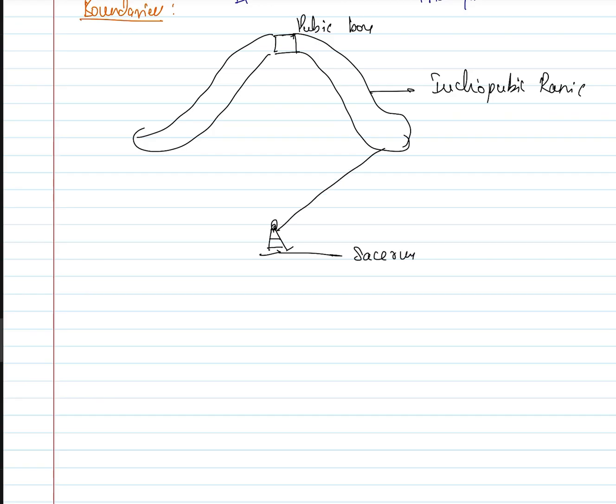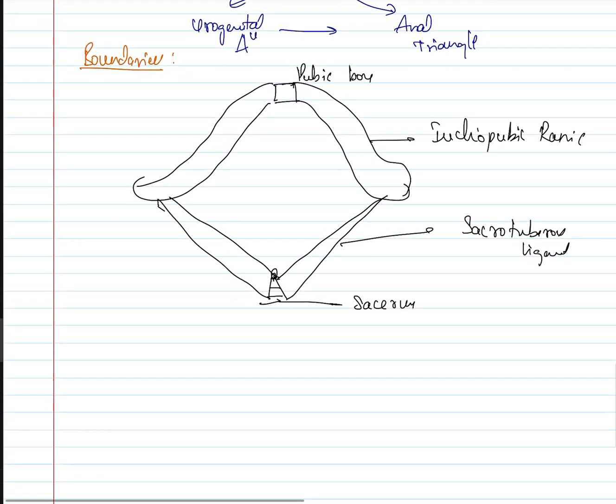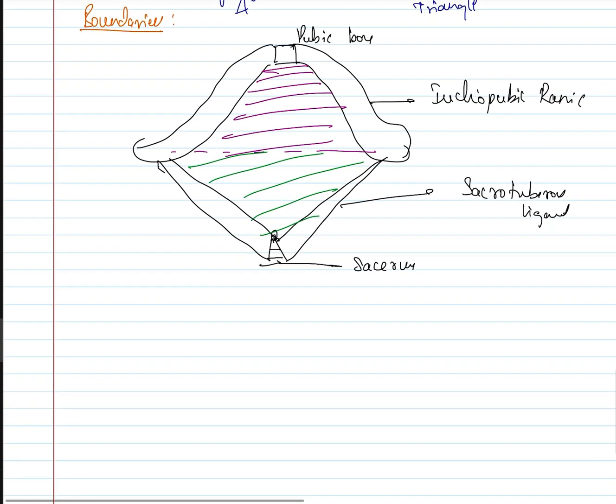This is your sacrotuberous ligament on both the sides. Okay, so now I have told you two triangles, the urogenital and anal triangle. So this will be your urogenital triangle and this will be your anal triangle.